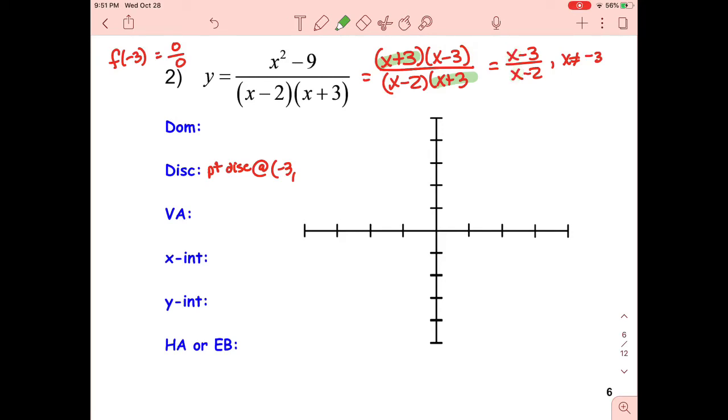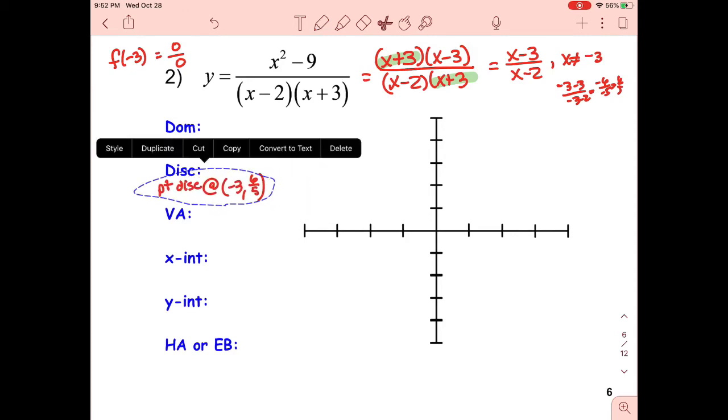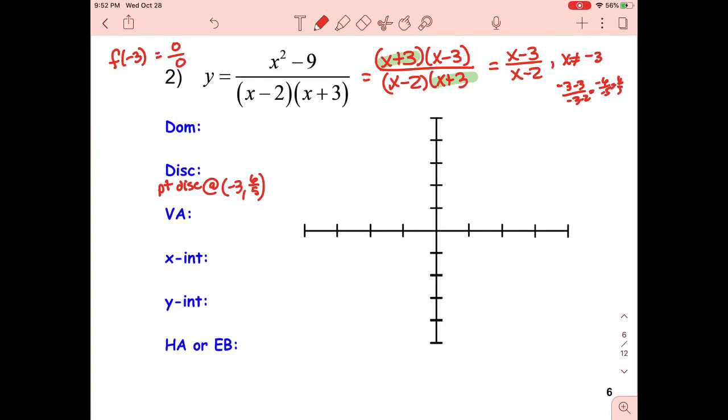After you cancel out the x plus 3's, you plug that in for these x's right here. And when you do so, you will get negative 3 minus 3 over negative 3 minus 2, which is negative 6 over negative 5, or 6/5. So negative 3, 6/5 is where the point discontinuity is.